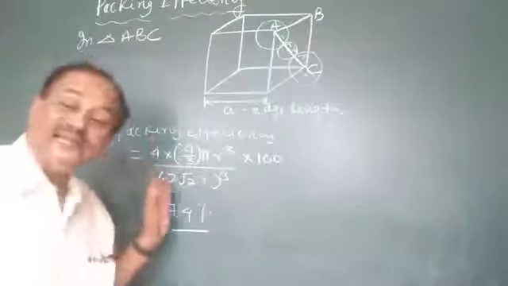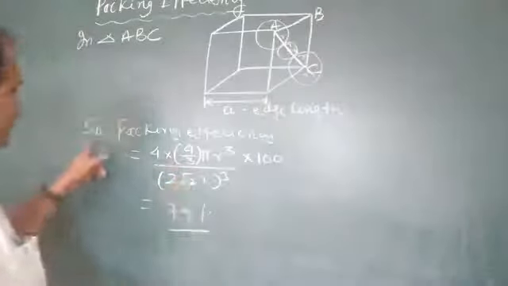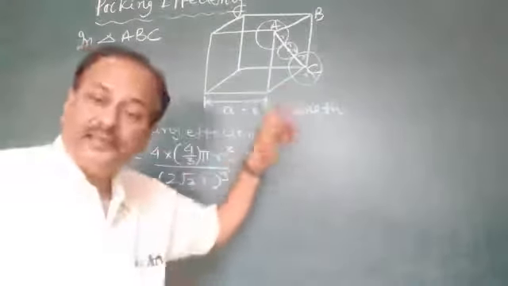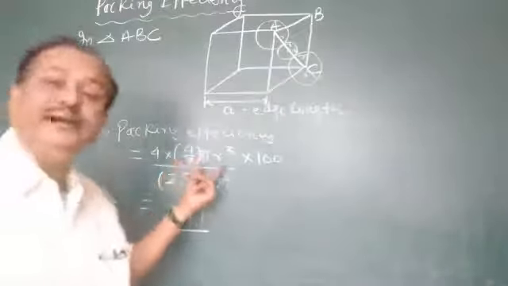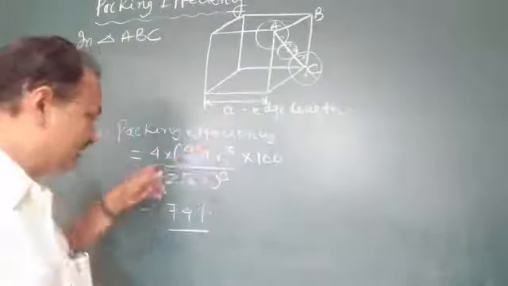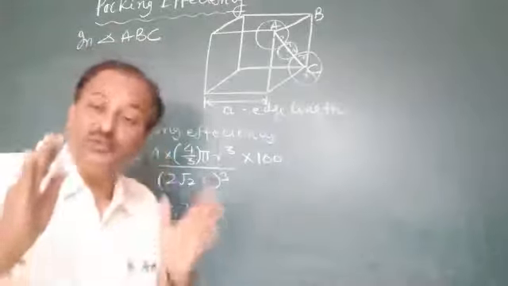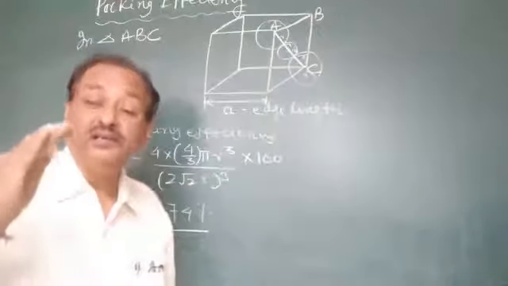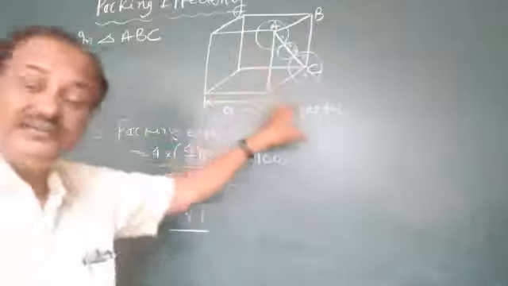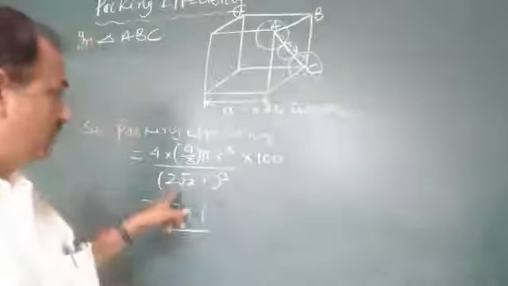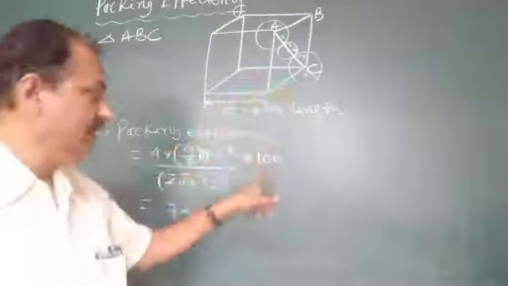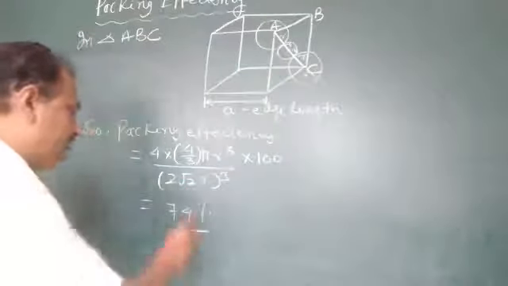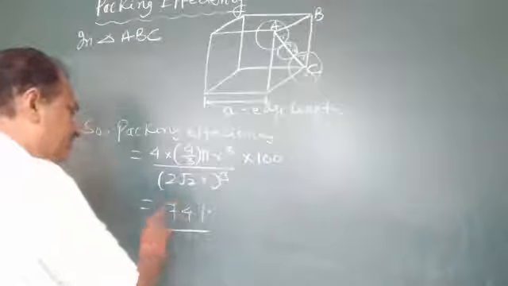So children, at last we can write, packing efficiency in case of FCC is 4 into 4 by 3 pi r cube. This is the actual volume occupied by the 4 spheres present in the unit cell upon the total volume of this unit cell into 100. So it comes out to be 74%.